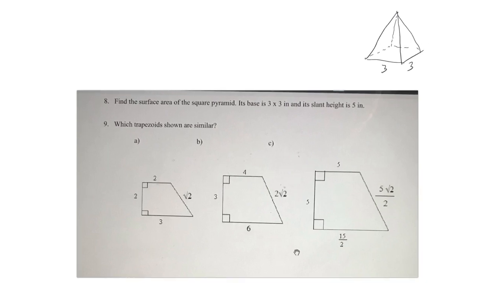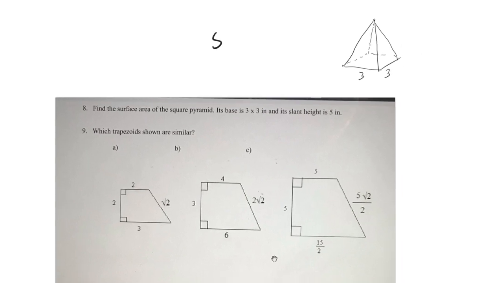Okay, so the surface area of a square pyramid is going to be the area of the base plus 2 times, and we'll call this S for side length, times the slant height, which I'm going to call L, okay? Now, the area of the base is this red part. That means we're going to take into account the area there.